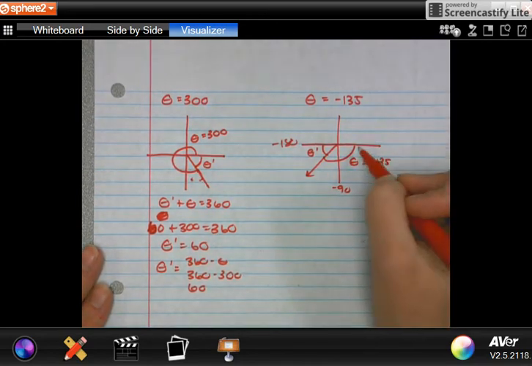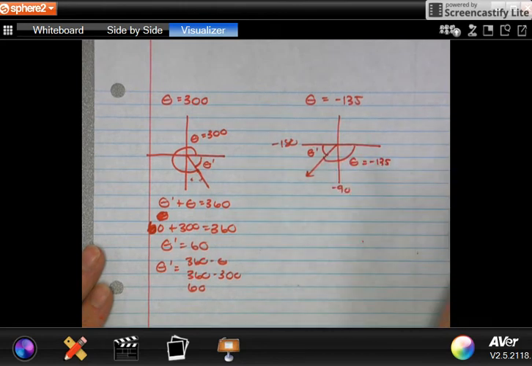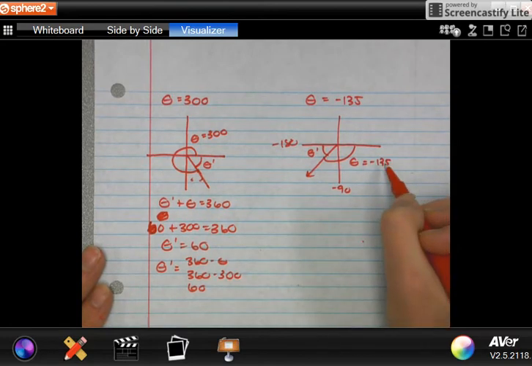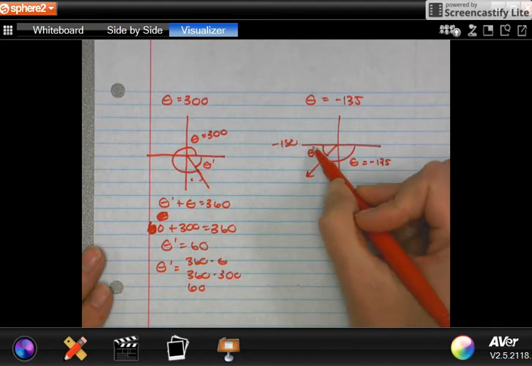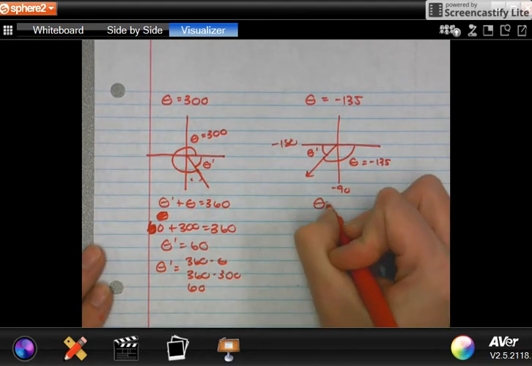Since we're going in the negative direction, I can tell that these two angles should add up to a straight line, technically negative 180, but we're just thinking about the reference angle in a positive light. So negative 135, how much further would I have to go to get to negative 180? I'd have to go 45 degrees more.